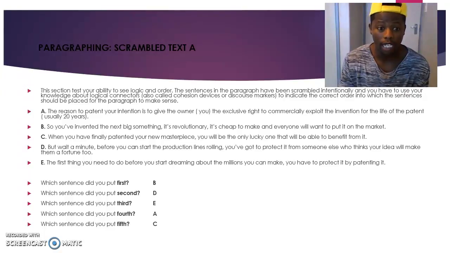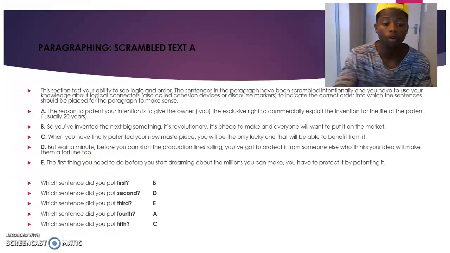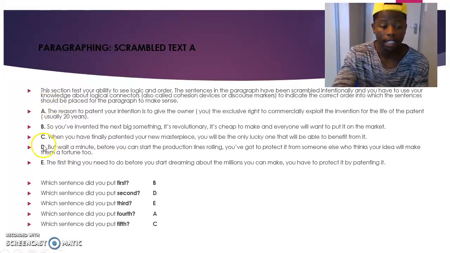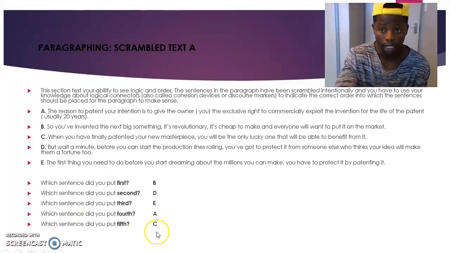Now we're going to look at how we can put them together, sentence by sentence. I've also provided answers here, because at the top they are a little bit mixed up, let me say. Now we're going to put them together.